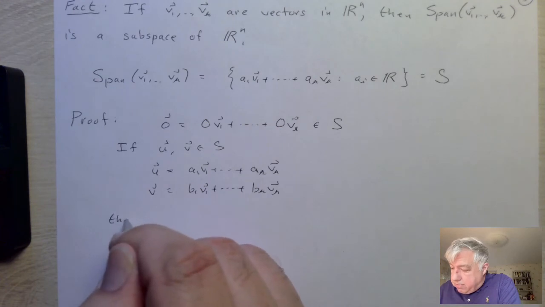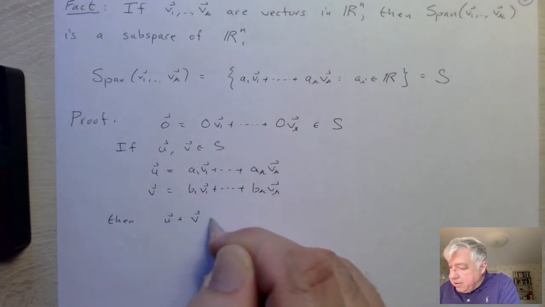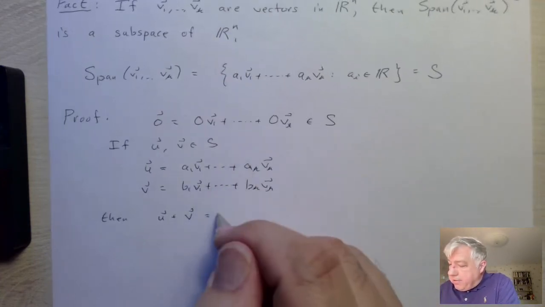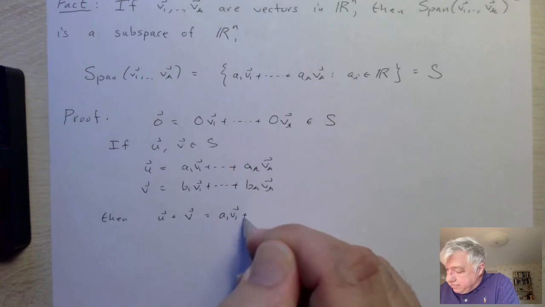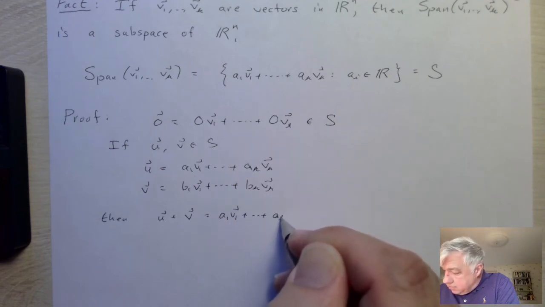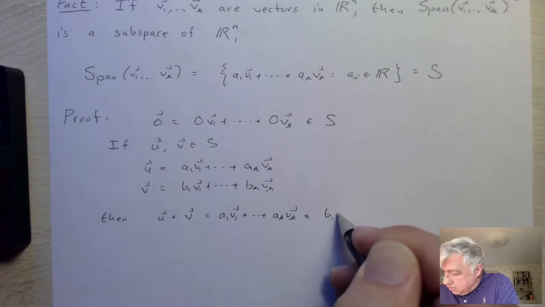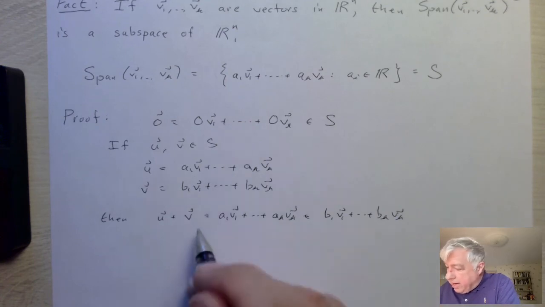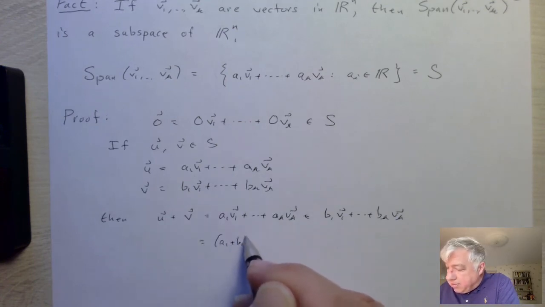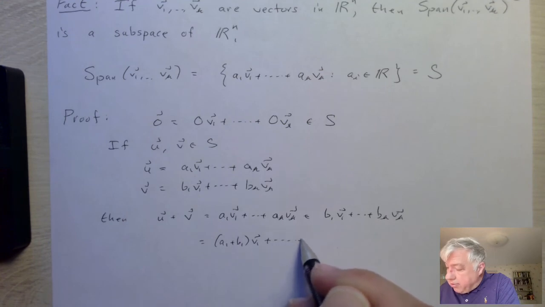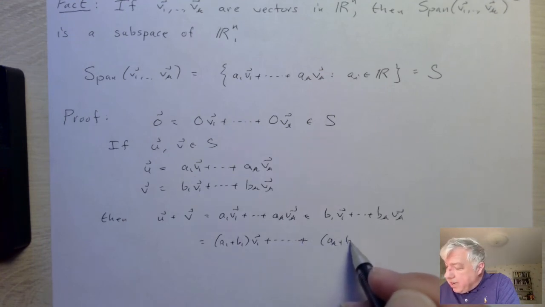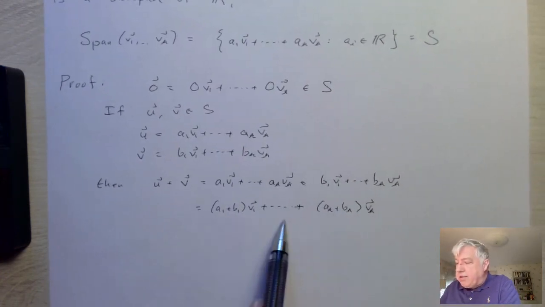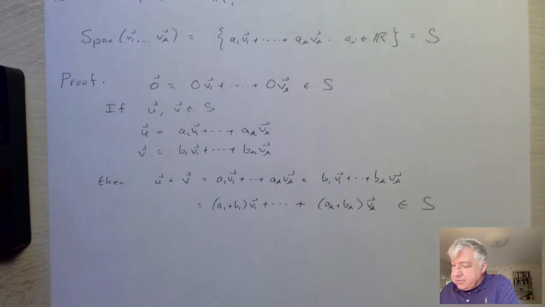Then u plus v, if we add these together, I'll write this out. And then we can collect the like terms, and this will be (a1 plus b1) v1, all the way up to (ak plus bk) vk. And we see this is a linear combination of the v's, so this will be in S.